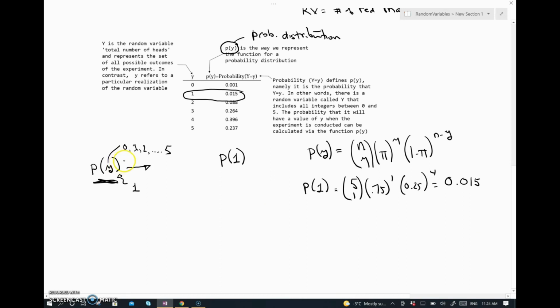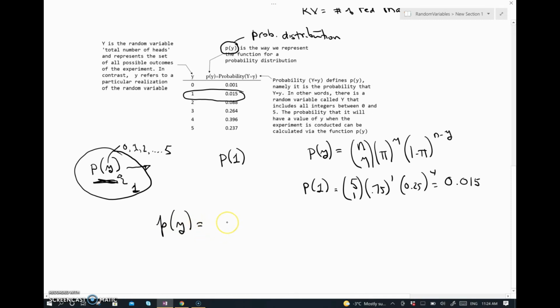So again, this is the probability distribution. Input a particular value of the random variable, and what comes out is the probability that that particular value will be the value obtained, the realized value, once the experiment is actually done. One way to think about this is, let's look at it in a general sense.